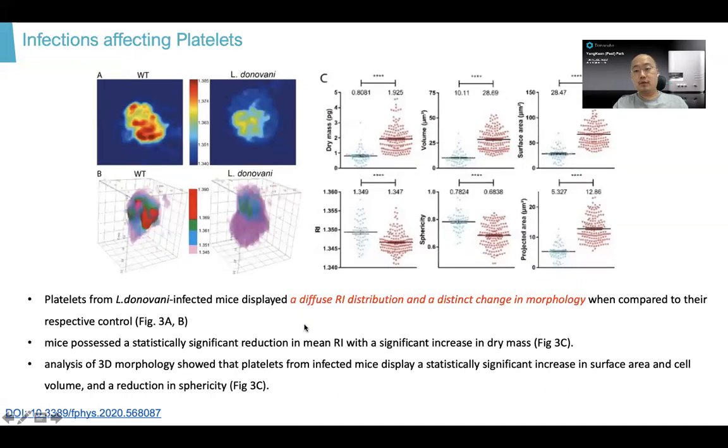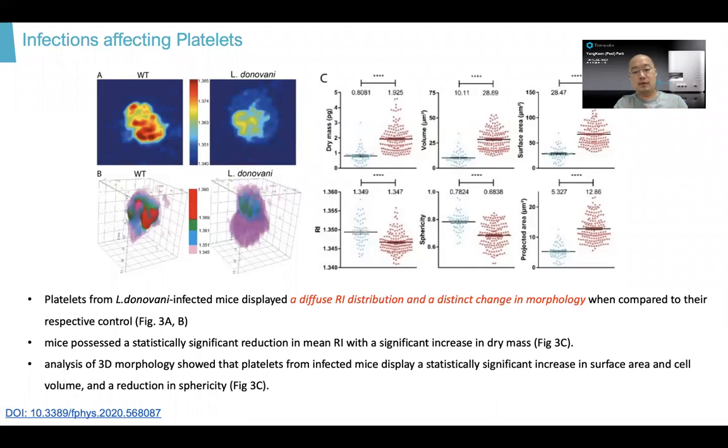And they also studied how the platelet shape can be changed if you have parasite infections. So when they measured the platelets from the donor infected mice, the platelets demonstrated a very thin shape.